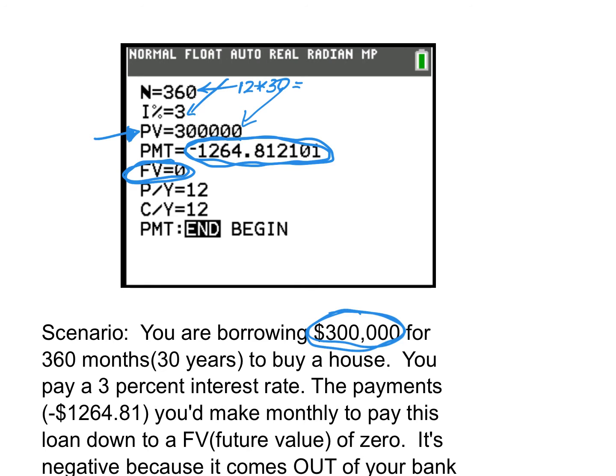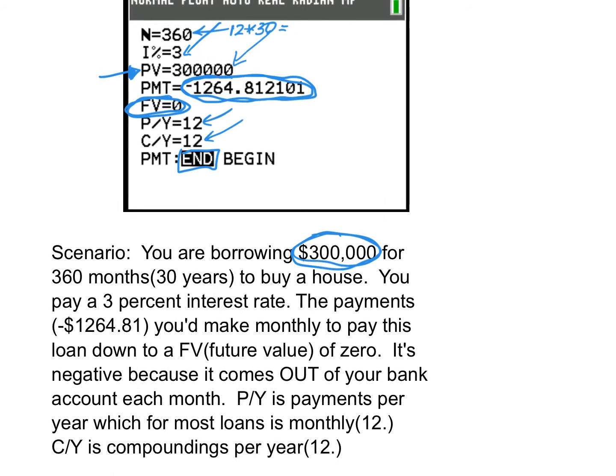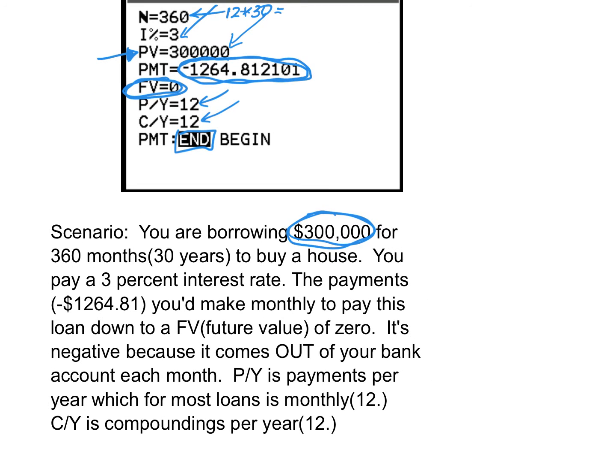Next, payments per year, 12. Compoundings per year will automatically change to 12, which is pretty handy. And make sure that you are on end for your payments. All right? So these payments here, I'm going to show you how to calculate that number in just a second. But the reason it's negative is because every month out of your checking account, out of your money you earned, you're going to have to write a check to somebody else.